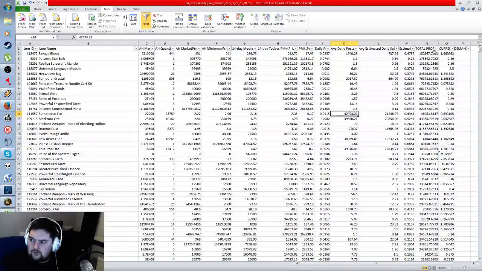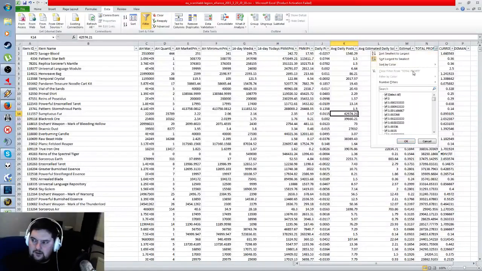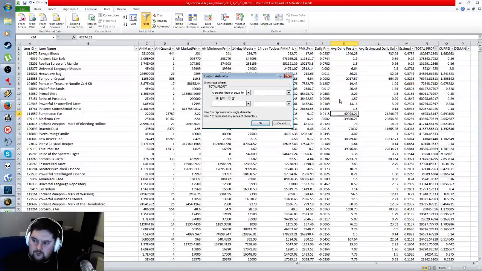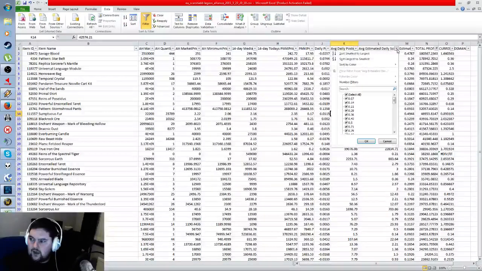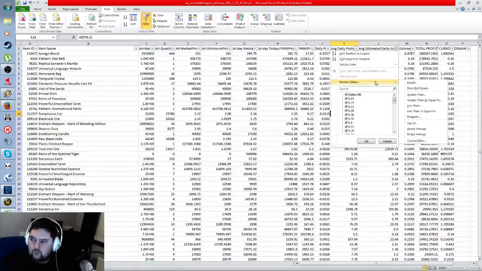So going back to this, the total profit, you want to take away pretty much, well, I take away anything that is less than 20,000, because if it's not going to make you 20,000 gold, then I'm not interested in it. Now the next thing you want is things that sell more than, I would say, 1 or 5.